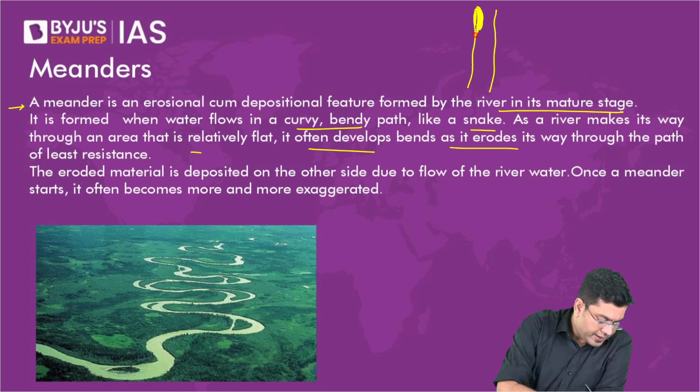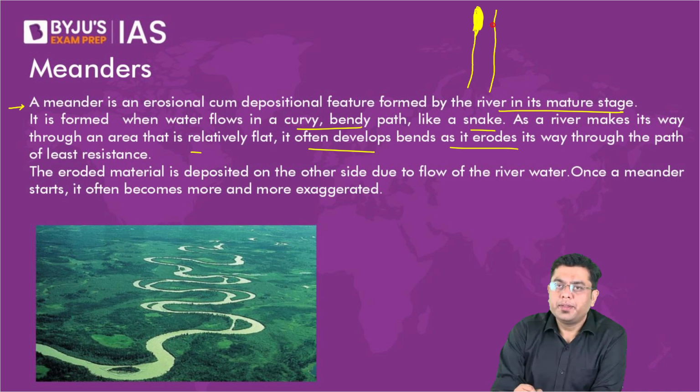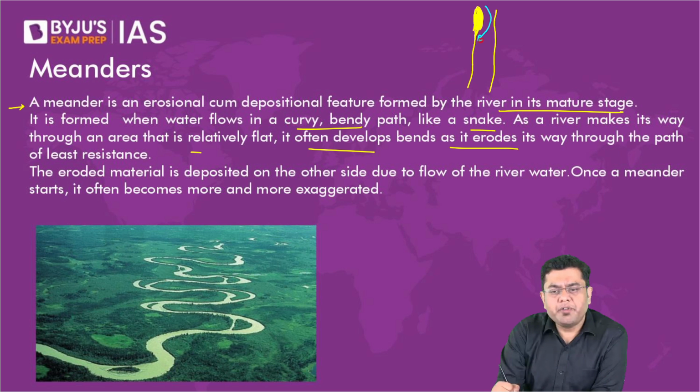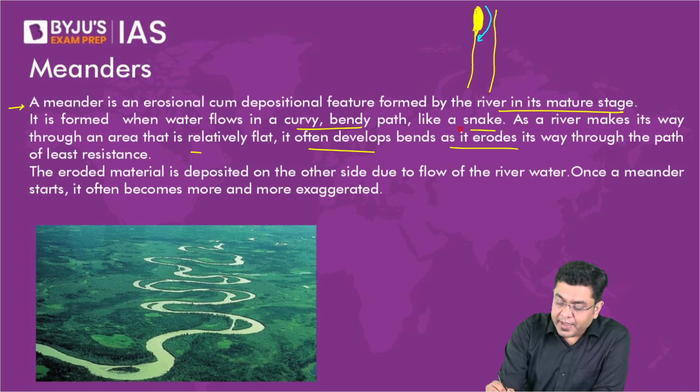Now, how will the river flow? Think about it. It is simple fluid dynamics. So the river will now flow like this, isn't it? When the river is flowing like this, it will exert a force here. It will also exert a force here.